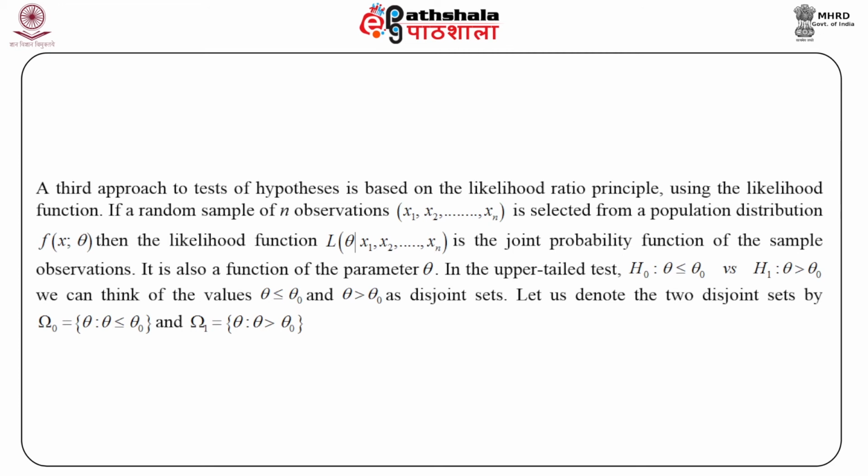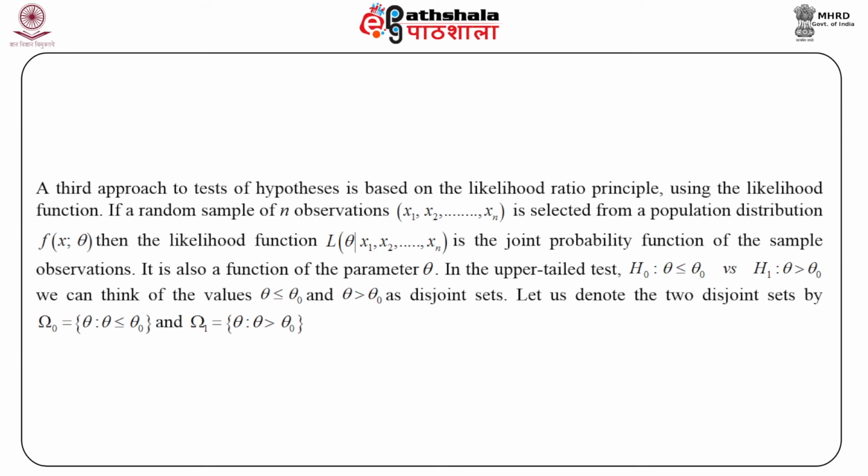In the upper tail test, H0 where we write theta less than or equal to theta 0 versus the alternative hypothesis theta greater than theta 0, we can think of the values theta less than or equal to theta 0 and theta greater than theta 0 as two disjoint sets.